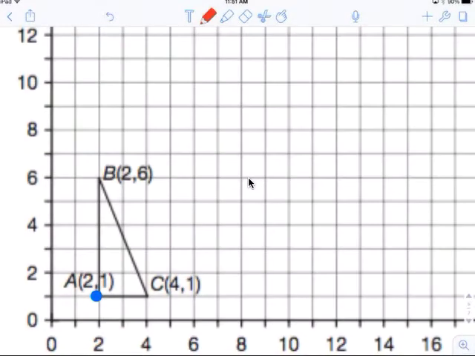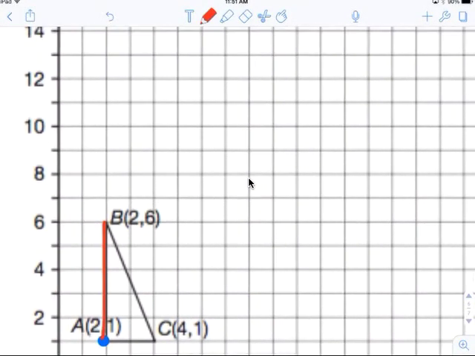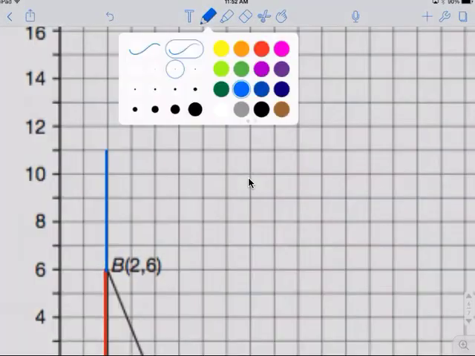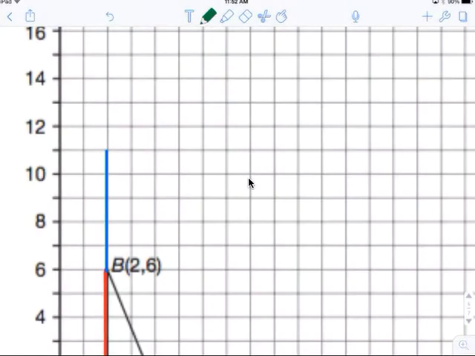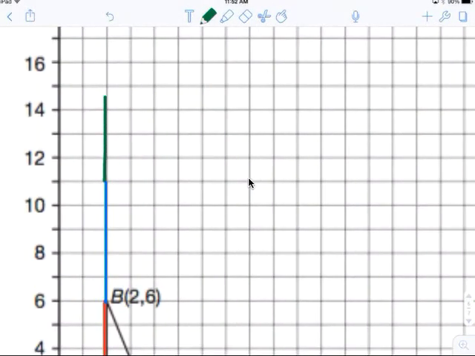That is 5 little boxes. So you have to go 5. I'll use another color. That's scale factor of 1. Scale factor of 2. Another 5. Scale factor of 3. There we go.